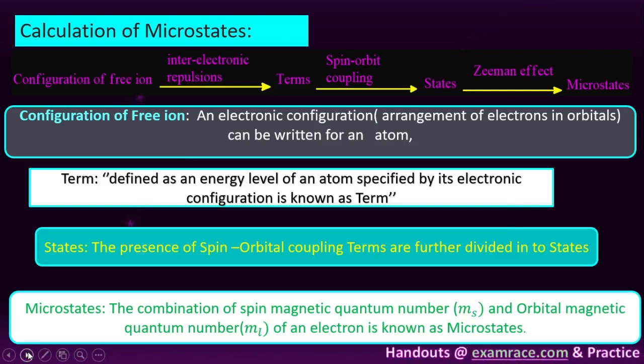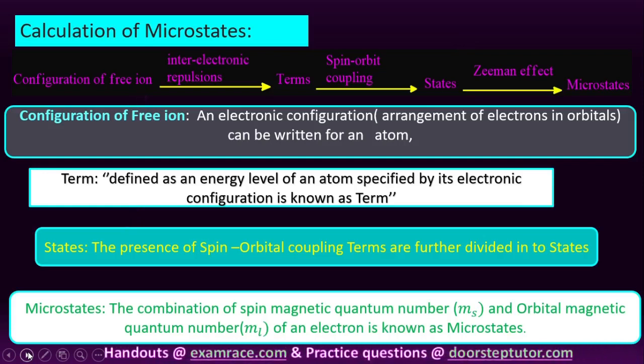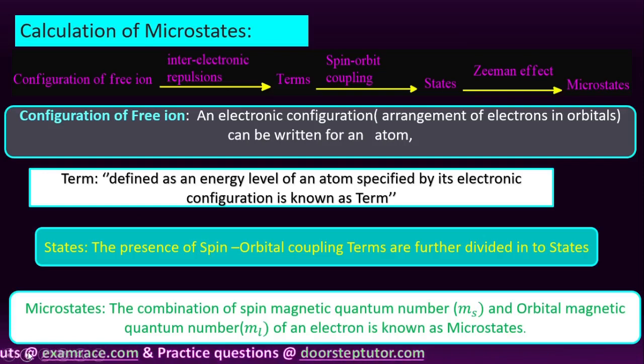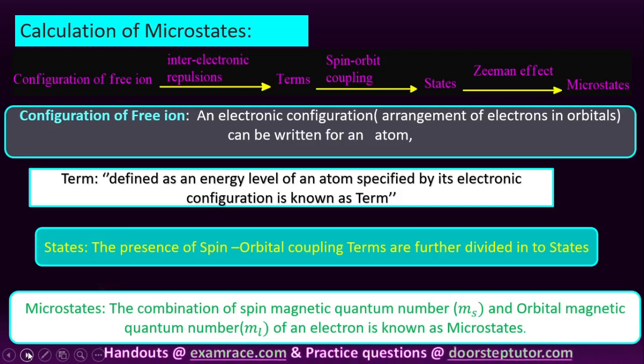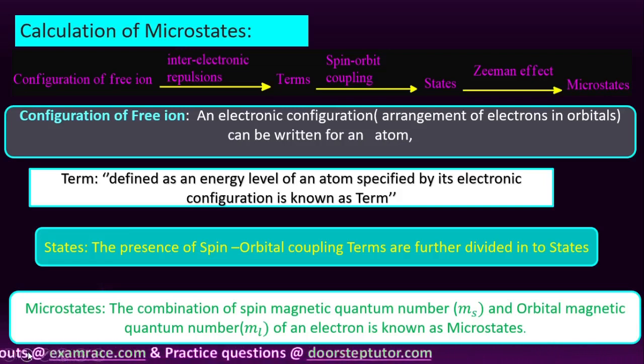So what is inter-electronic repulsion? Inter-electronic repulsions means, student, the repulsions which exist between electron and electron. Due to the inter-electronic repulsions, the configuration of a free ion further splits into terms. What is the meaning of a term? The term is defined as an energy level of an atom specified by its electronic configuration.